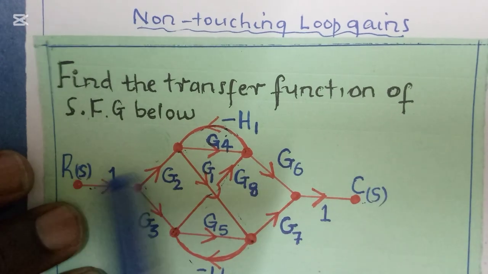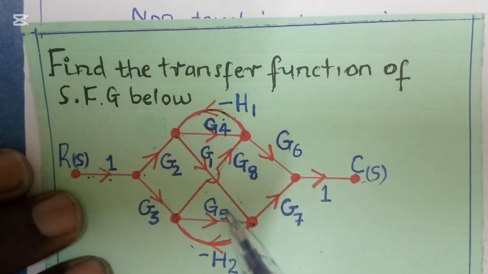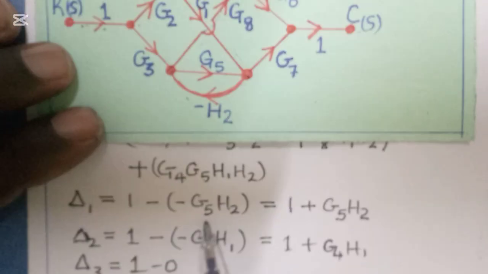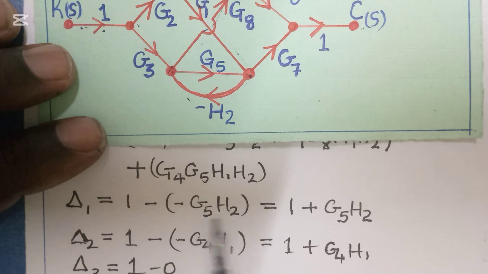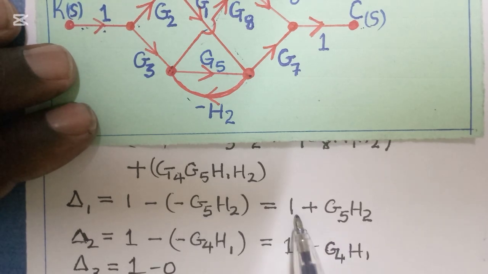So guys, if we rub this, you find that this one will not be touched, and so this one will remain. And so we shall have 1 minus G5 minus G5H2. The same case, and therefore it will be 1 plus G5H2, that is delta 1.